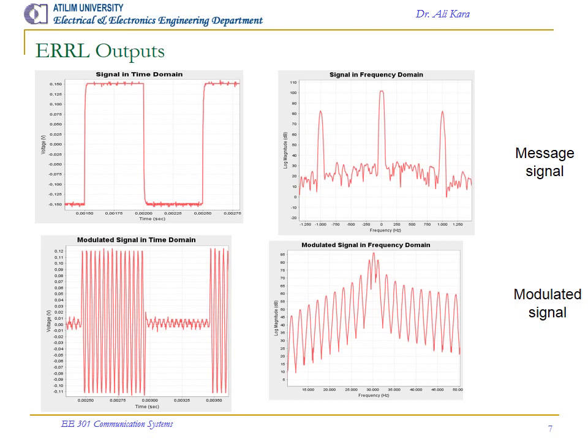The outputs, message signal in time and frequency domain, are denoted in the graphs. Note that these are real physical signals generated and observed by electrical instruments. Modulated signals, in a similar manner, look like these.